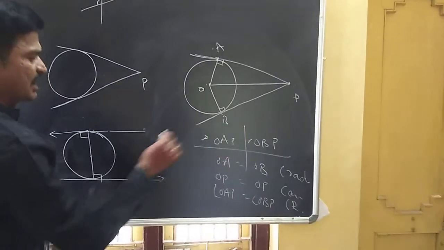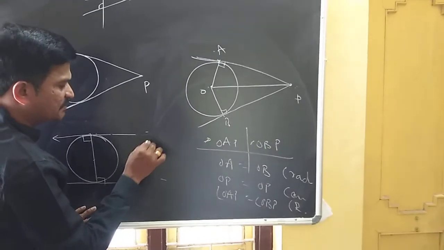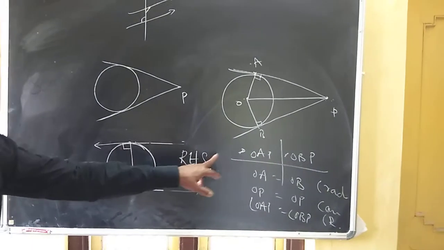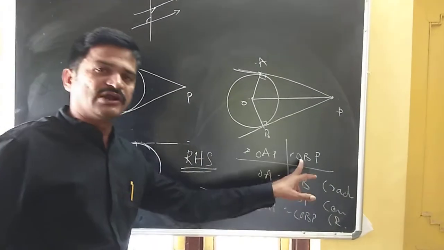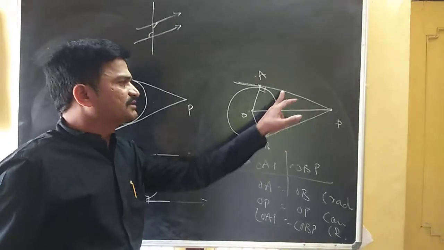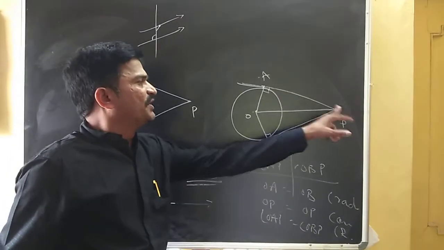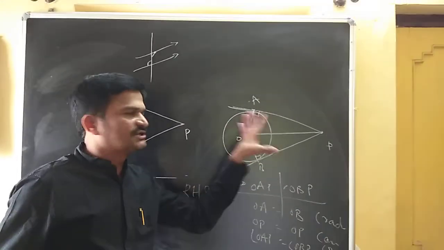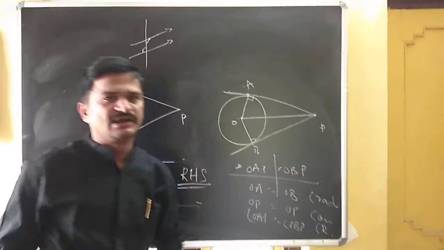So in these 2 triangles, as per the RHS congruency rule, triangle OAP and triangle OBP are congruent. As these 2 triangles are congruent, PA equals PB, because corresponding parts of congruent triangles are equal. This also we have learned in our earlier classes.